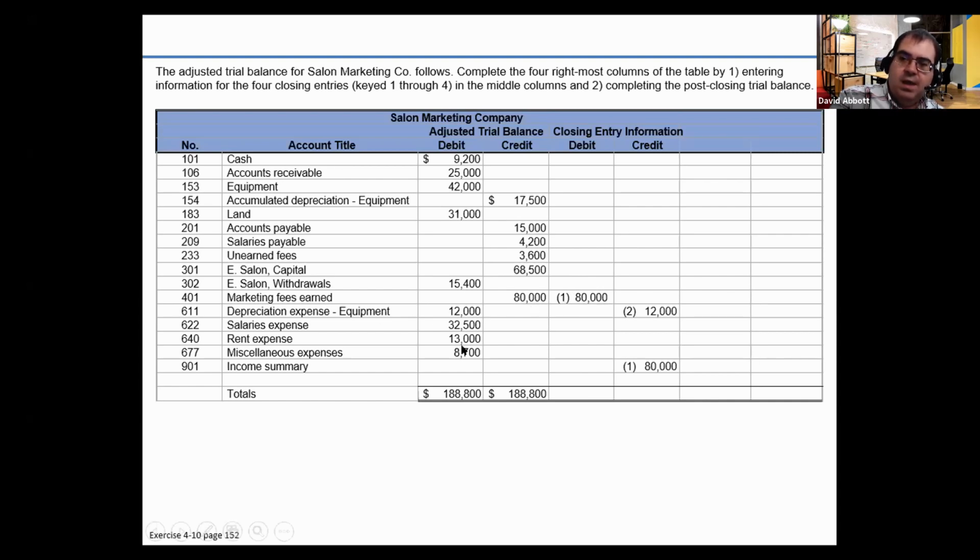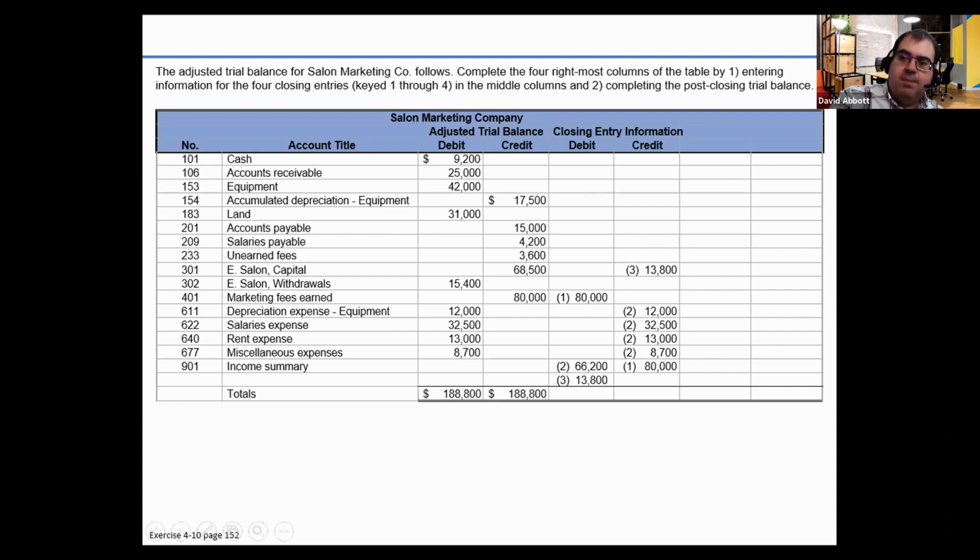So normally we debit, so in this case we'll credit. So we have 12,000 in expenses, and so then for income summary that would be a debit. So these are our expenses and our revenues. And then we'll add the net income, which is 13,800.